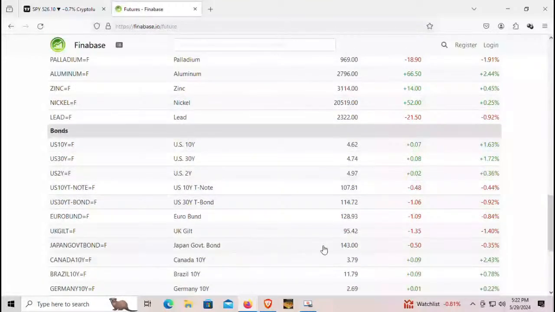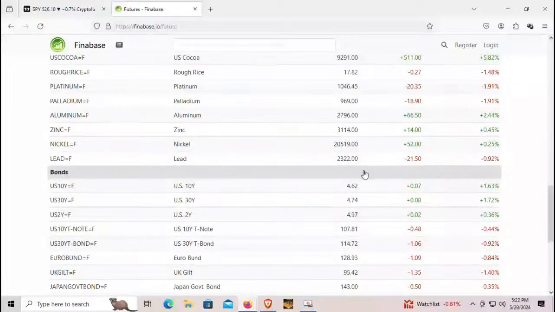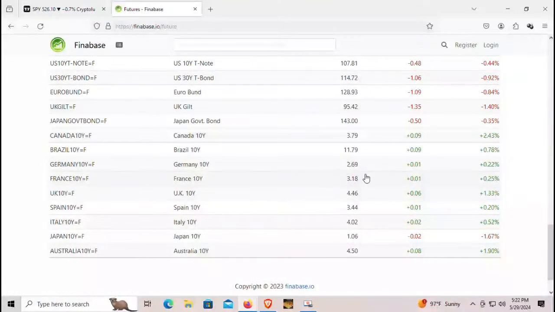Japan 10 years, 143, down 0.35. I don't know. 497 in 2 years, 462. Actually, the 30 and the 10 years went up big time. Just one, 10 years, 106. Was down 167.